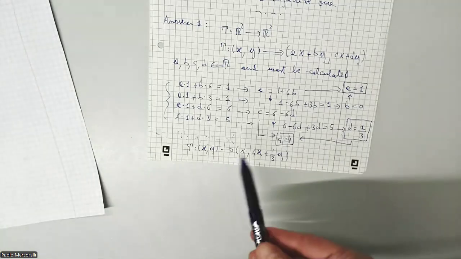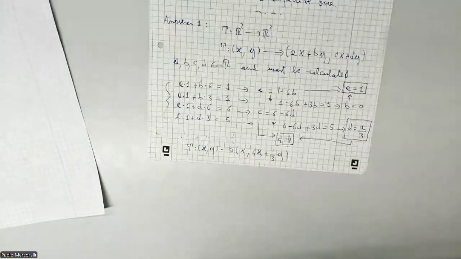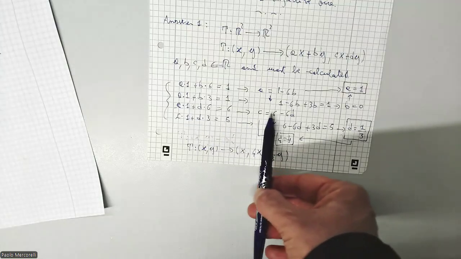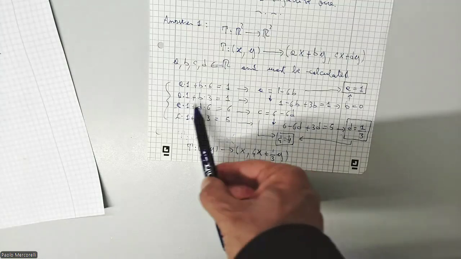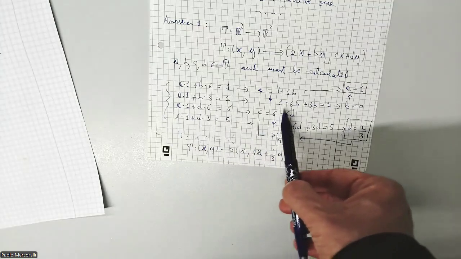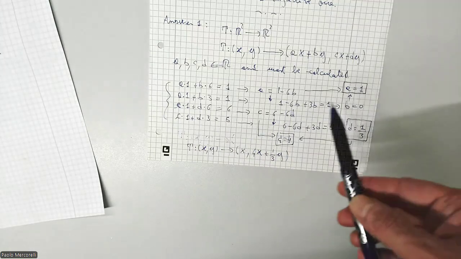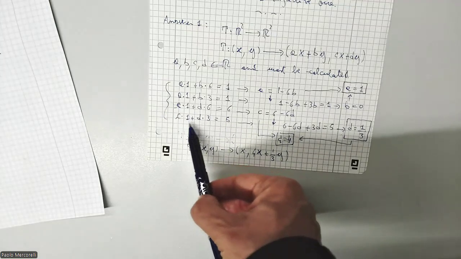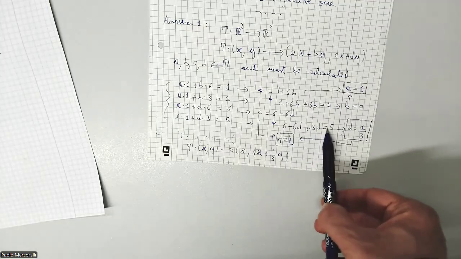I do the same now for the second part of the system, where we can see that C is equal to 6 minus 6D, just looking at this equation here. Now, if I plug in C here, I have 6 minus 6D plus 3D equal 5.